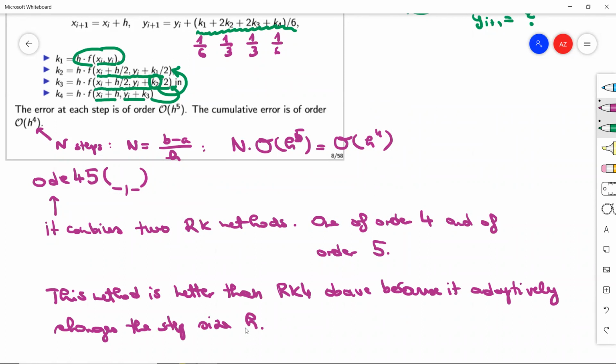So if the step size is too big, so if the error is too big, then from some point on, it makes it half and continues with half of the size of the previous step. But if it's okay, then it can also increase it, and that's why it's quicker.